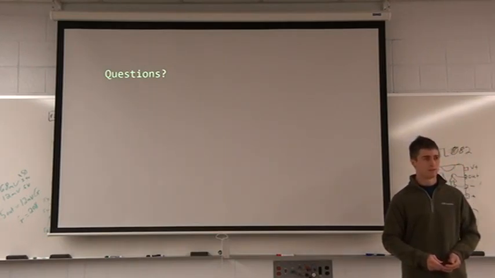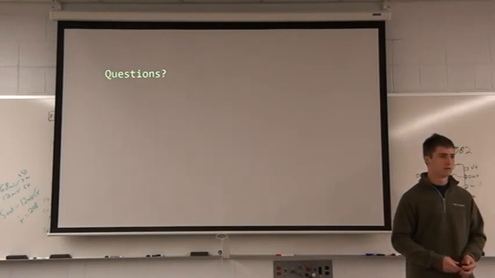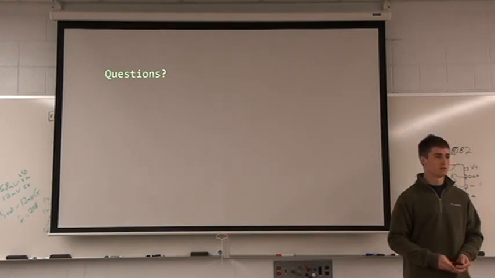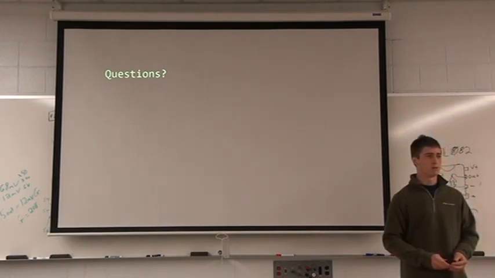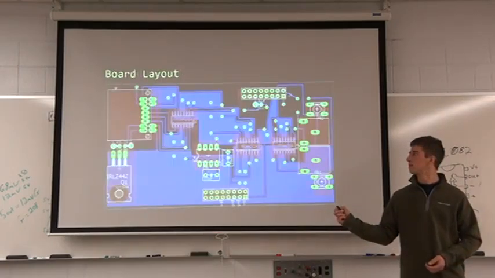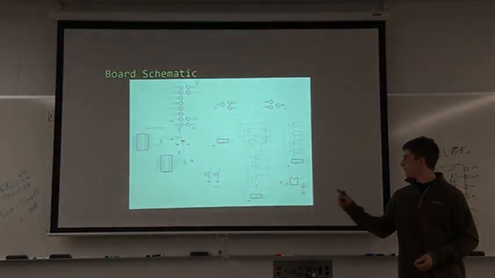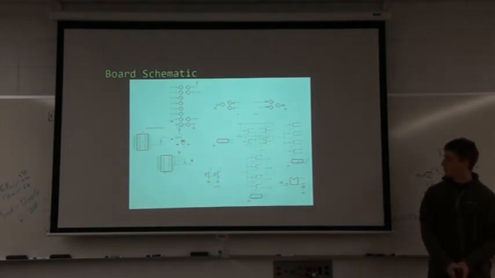So did you need to do any sort of calculations, sort of talk about the choice of caps and some components on the schematic slide? Is there anything you had to calculate or?